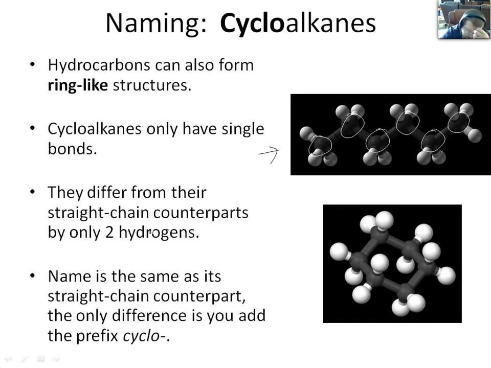Now, if we wrap those around into a ring, I've still got 6 carbons in that bottom picture, but it's called a cycloalkane.